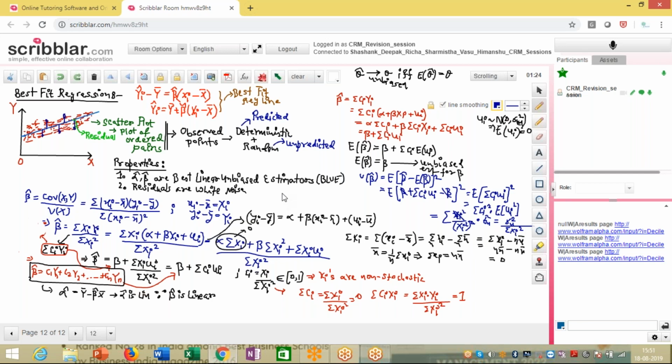So now what I can clearly say is that beta hat follows a normal distribution. How can I say that? Because number one, the mean of the distribution is constant. It's a continuous distribution, and above all, it has a constant variance, which is sigma square u.